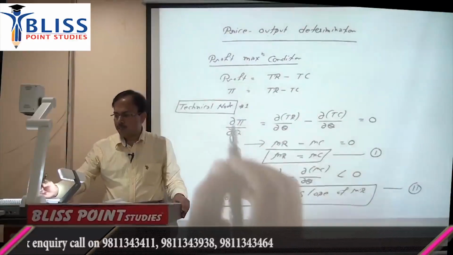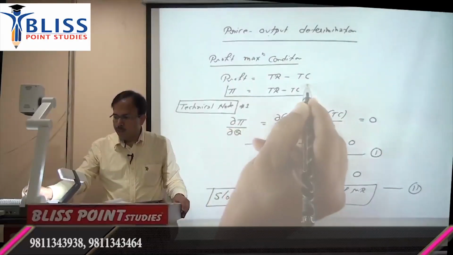Profit is TR minus TC. Pi is TR minus TC.